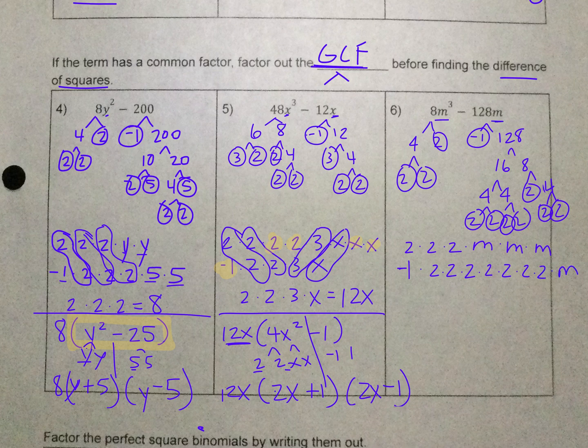So I get to circle 1, 2, 3 groups and an m. 2 times 2 times 2 times m is 8m. So now I'm going to write it out and then I'll solve it like the new ones we've just learned to solve.